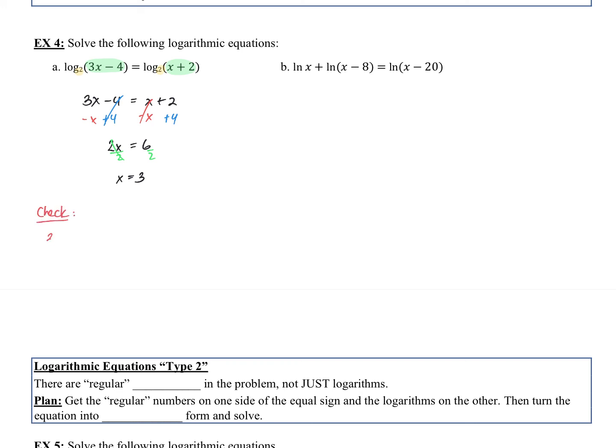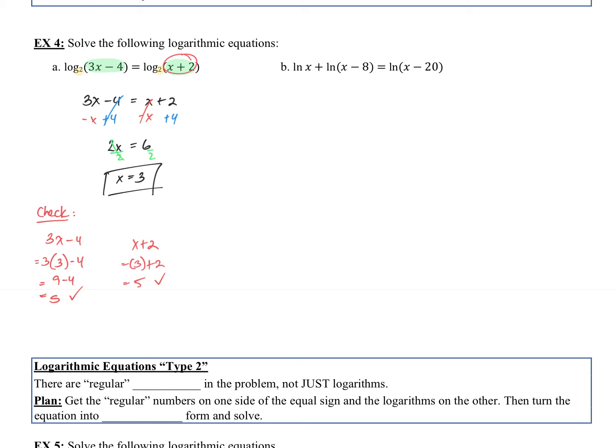For the first argument, 3x minus 4, that's 3 times 3 minus 4, which is 9 minus 4, which is 5. That's positive. The next one, x plus 2, plugging in 3 we get 5, which is also positive. So our answer checks out. It doesn't make any of our arguments negative.